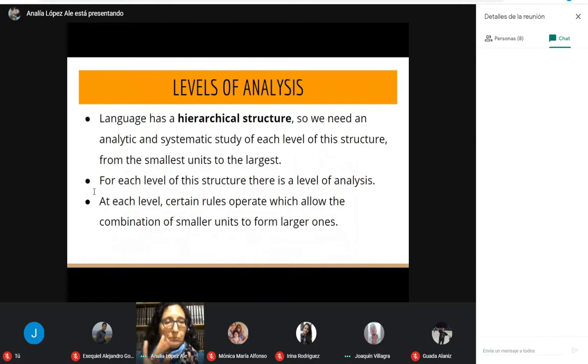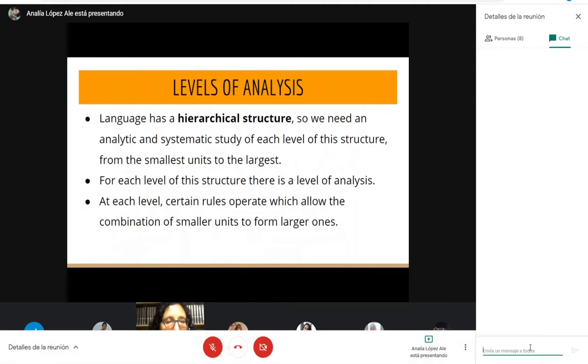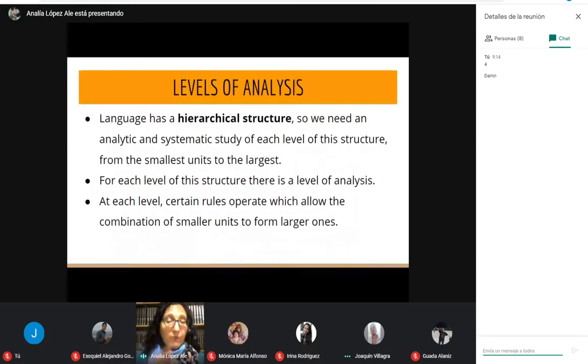How many? Give me a number. Like six? Yes, that's the key. Six levels. So each level of the language, the levels in which we can divide language to analyze, has a corresponding level of analysis.